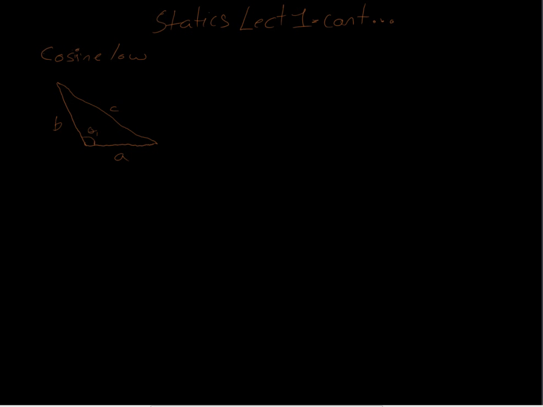So the cosine law says that C square equals A square plus B square minus 2AB cos theta 1.